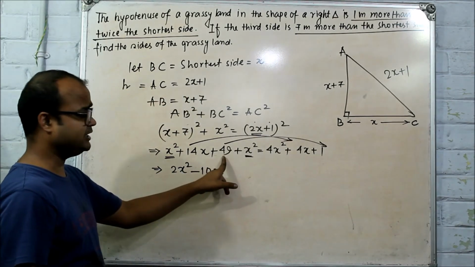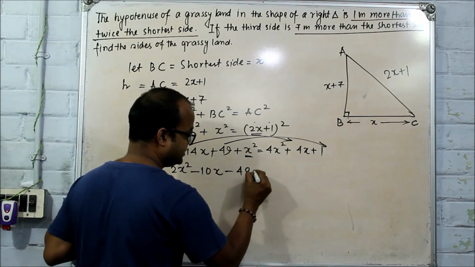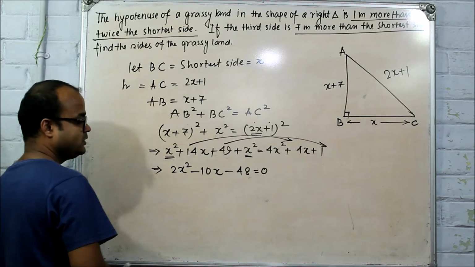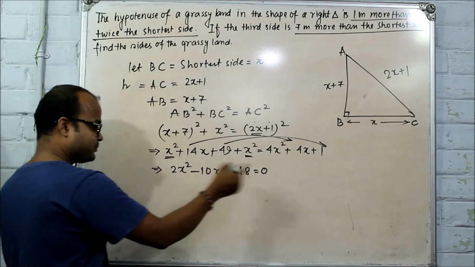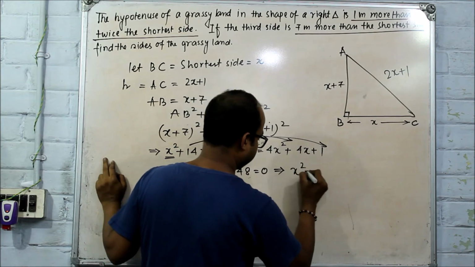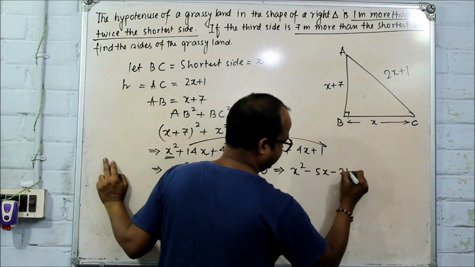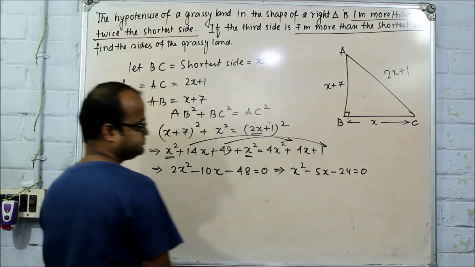When you change the side, it becomes minus 49 plus 1, that is minus 48, equal to 0. So we can take 2 common and divide by 2. So we get x square minus 5x minus 24 is equal to 0.